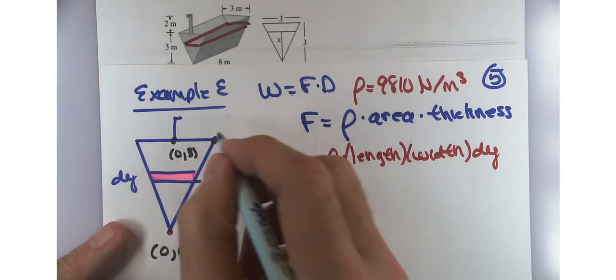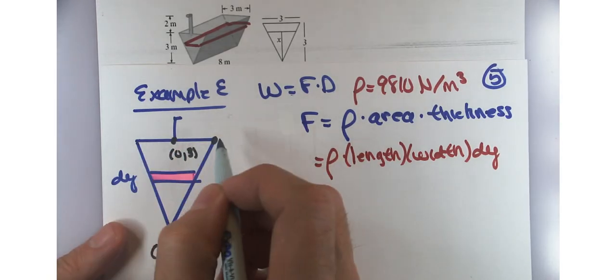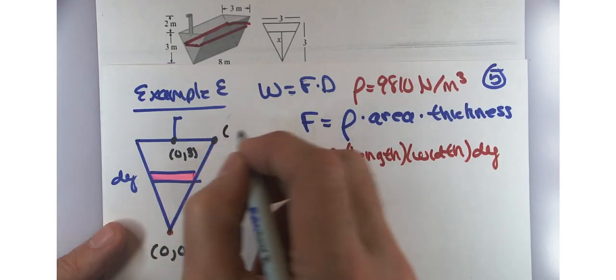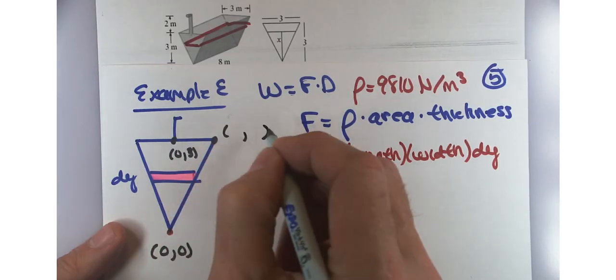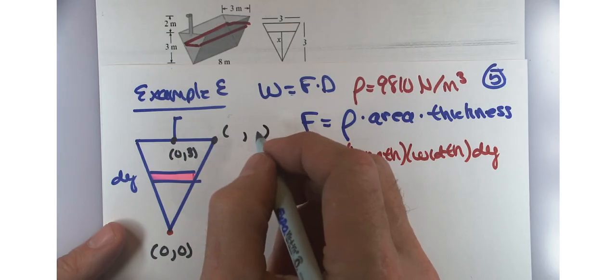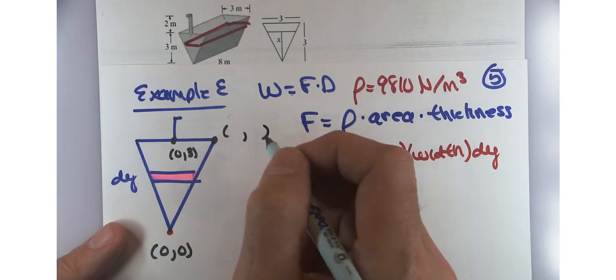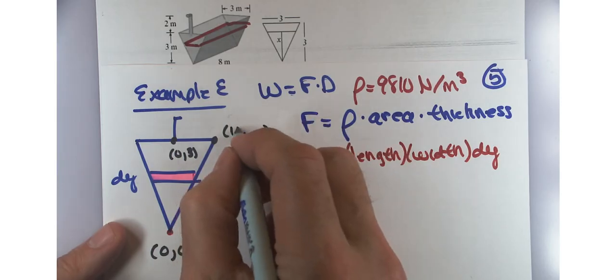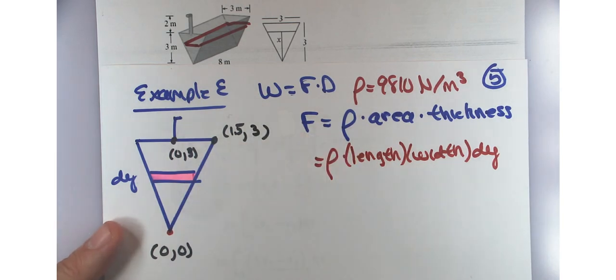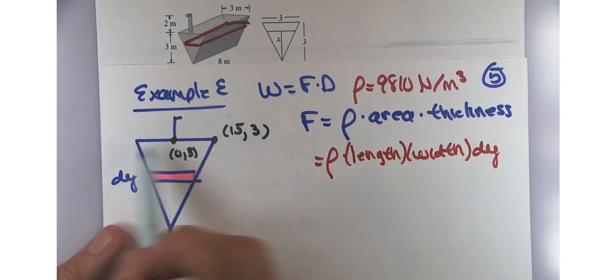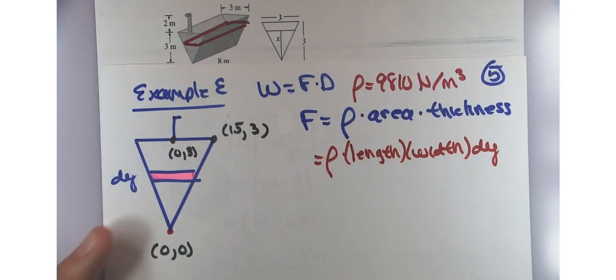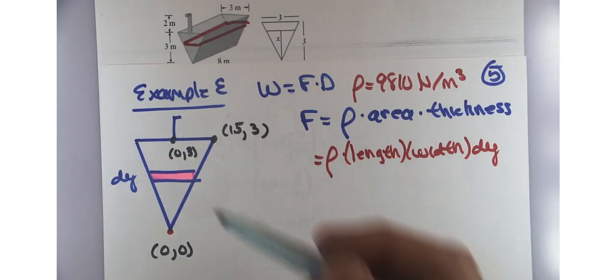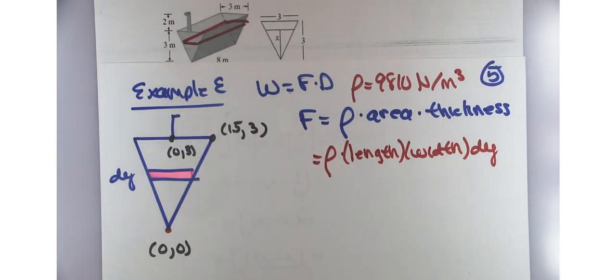And then the width across the top was also 3 meters. So what's that put this point at? Yeah, 1.5 and 3. Because remember, the whole distance across the top is 3, so half of that distance is going to be 1.5. Okay, looking good.